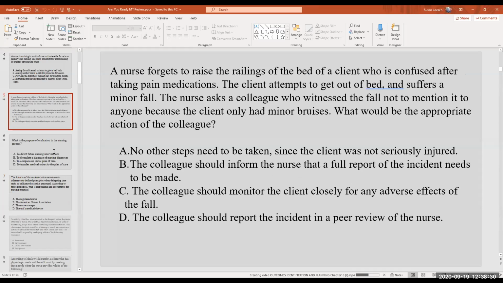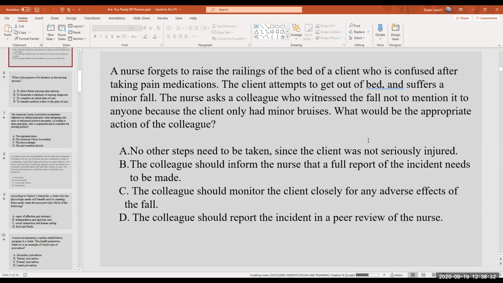Right, a nurse forgets to raise the railings of the bed of a client confused after taking pain medications. The client attempts to get out of bed and suffers a minor fall. The nurse asks a colleague who witnesses the fall not to mention it to anyone because the client only had minor bruises. What would be the appropriate action of the colleague?